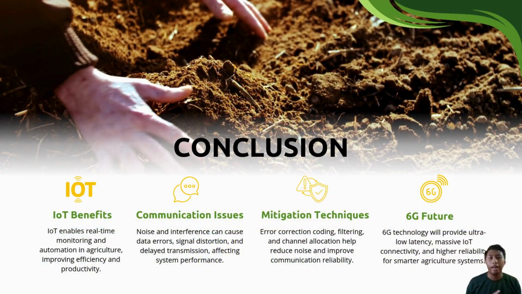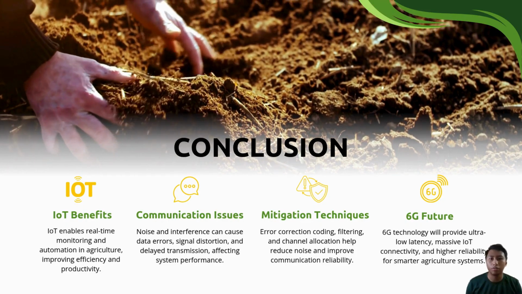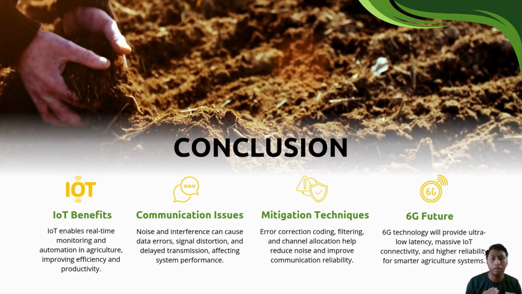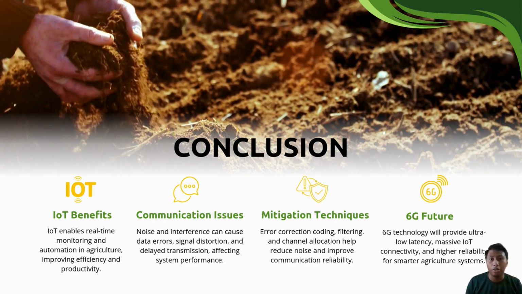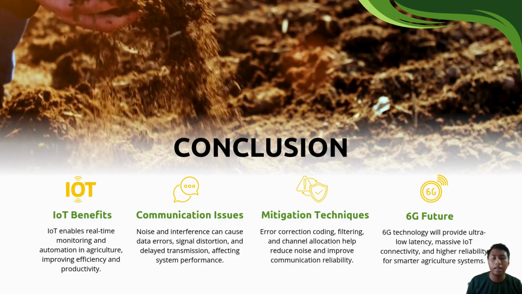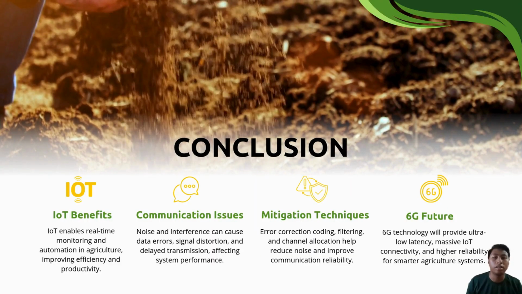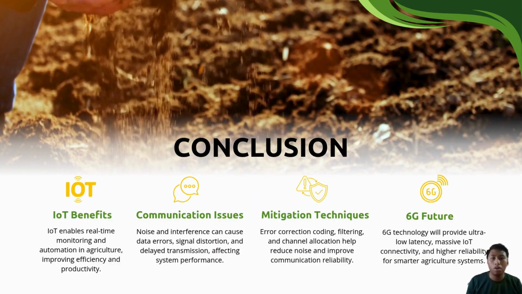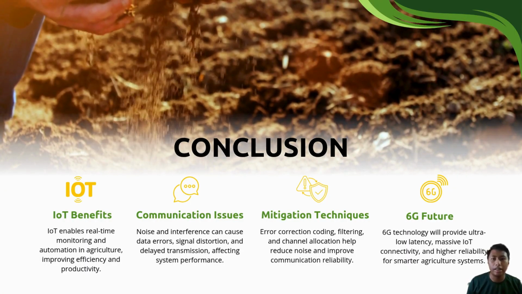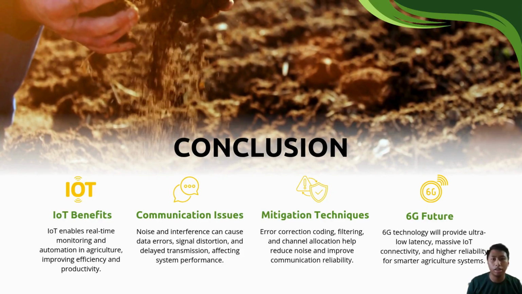In conclusion, IoT-based smart agriculture plays an important role in modern farming by enabling automated and real-time monitoring of agricultural conditions. However, noise and interference remain major challenges that can degrade communication quality and affect overall system performance. To address this issue, techniques such as error correction coding, filtering, and channel allocation are commonly used to improve data transmission reliability.